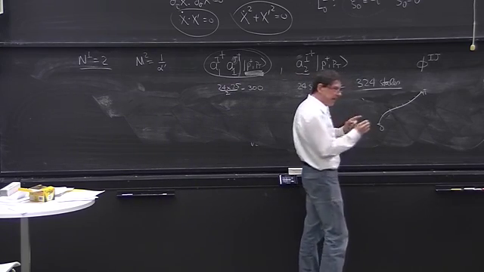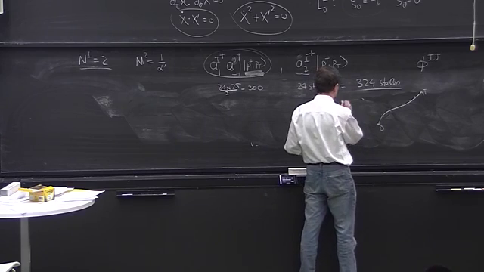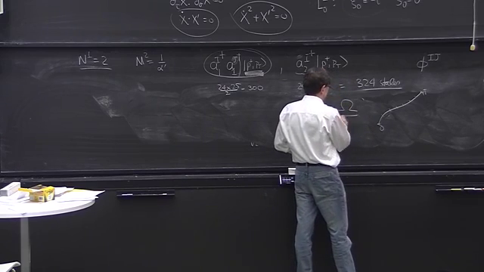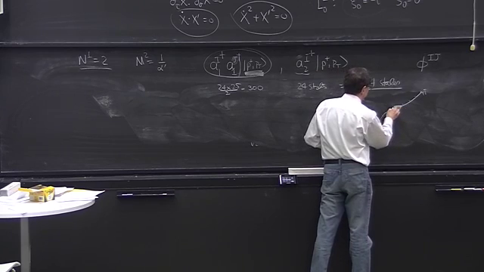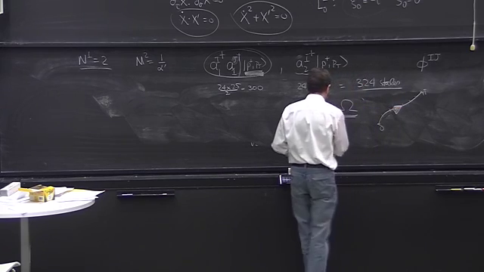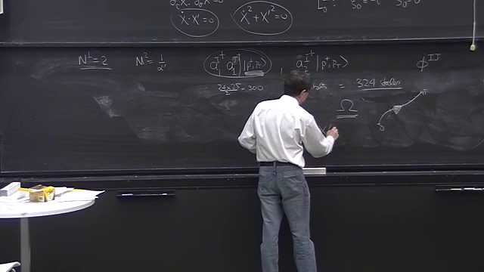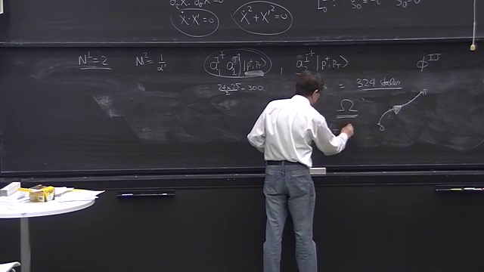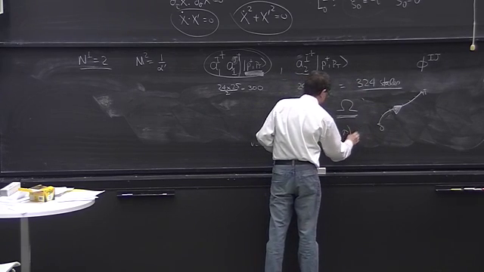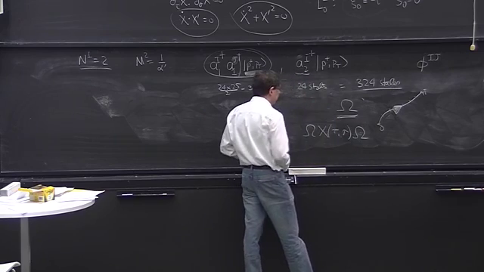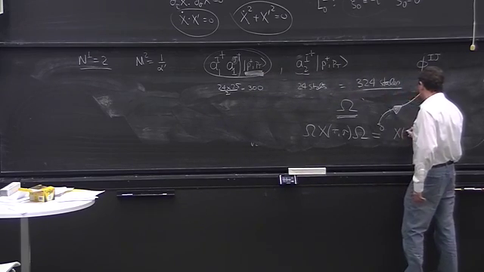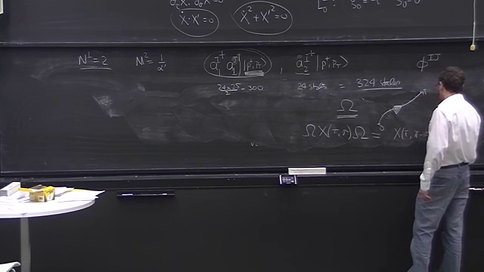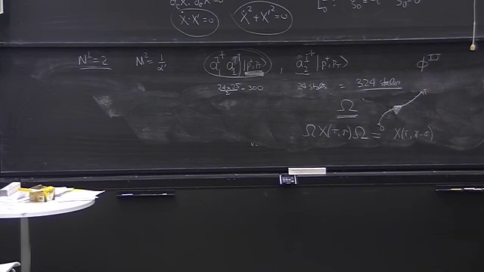And then you invent, as you will do in the homework, an operator that reverses the parameterization of a string. So the operator acting on an x mu of tau and sigma, and the operator acts from the left and from the right, will give you x of tau pi minus sigma, the string oriented in a reverse way.